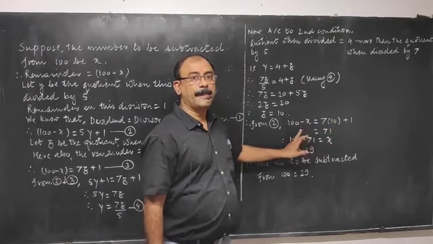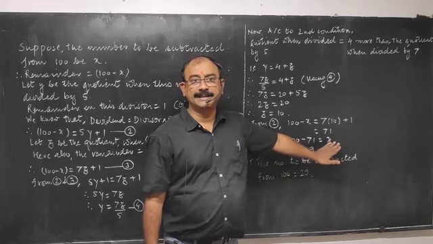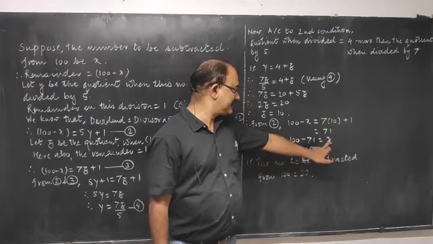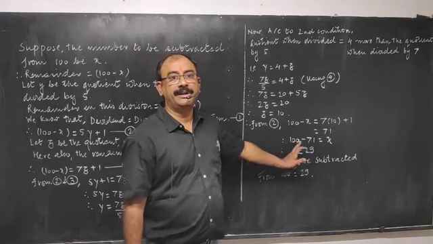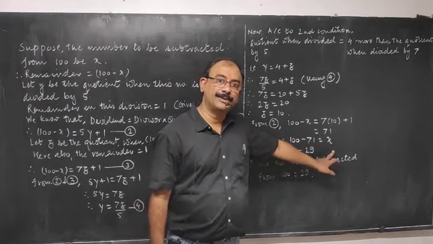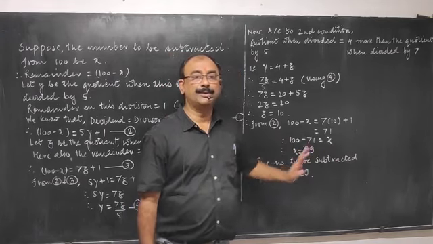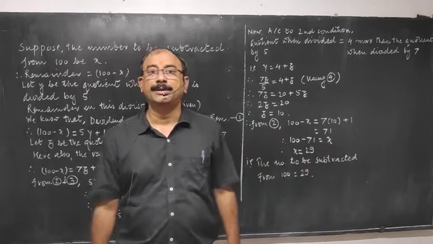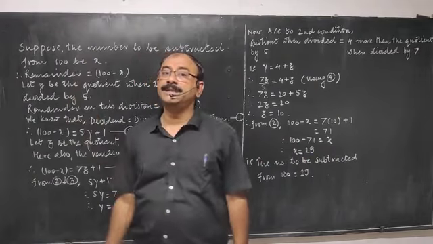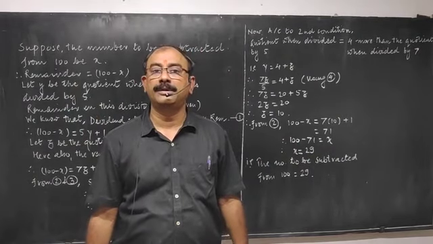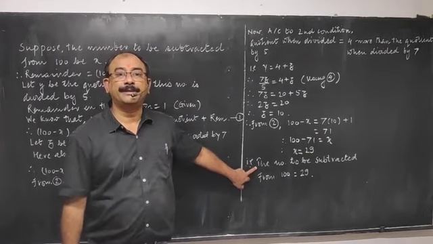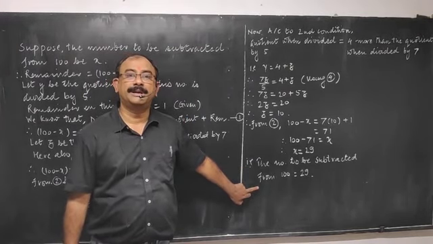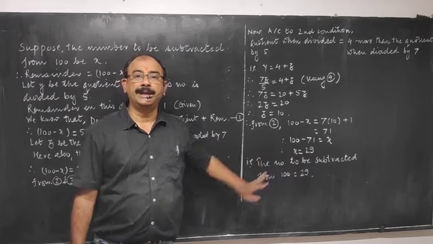Solve this equation. Minus x goes to the right side, becomes plus x. 71 goes to the left side, becomes minus 71. 100 minus 71 is equal to x, that is x is equal to 29. What is x? The number to be subtracted from 100. That number is 29.